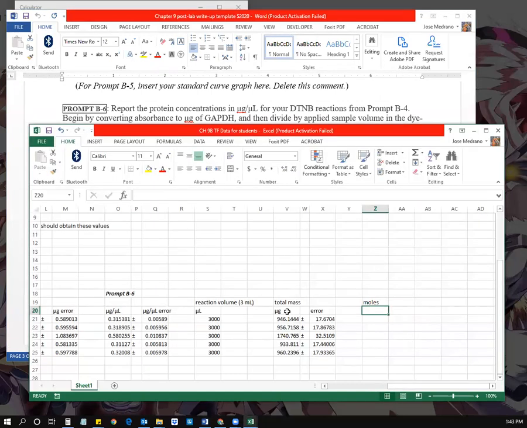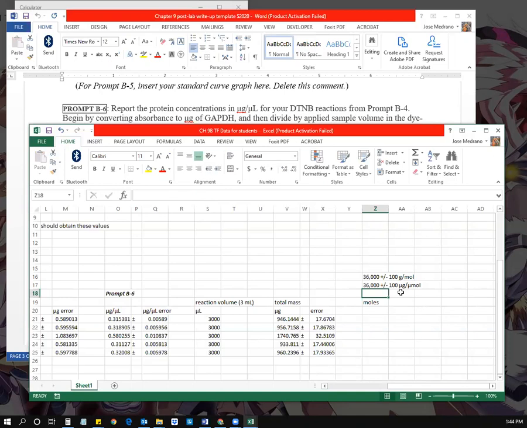I don't want to do a huge conversion, so 36,000 plus or minus 100 grams per mole is also the same thing as micrograms per micromole.